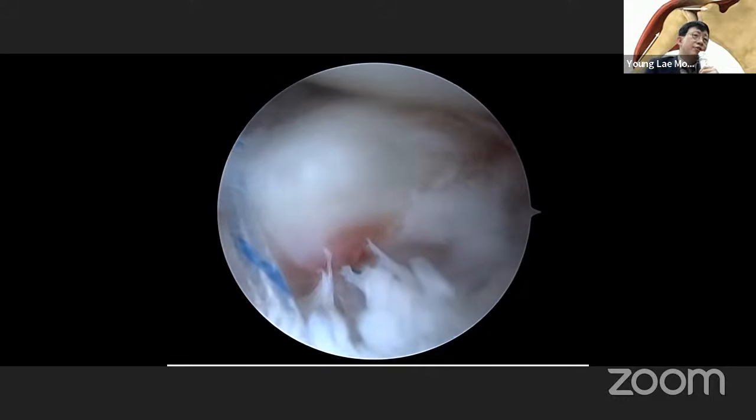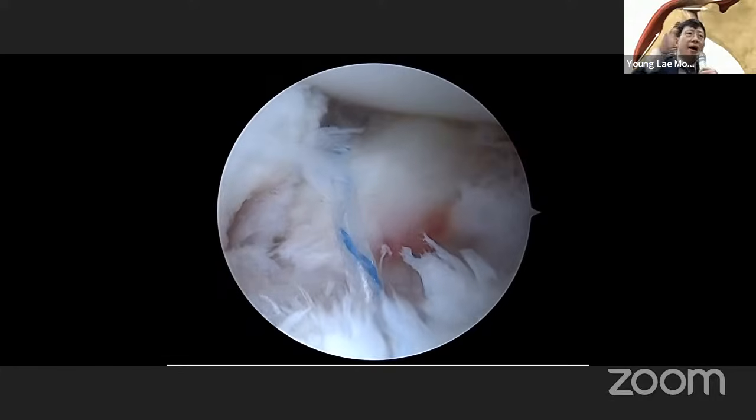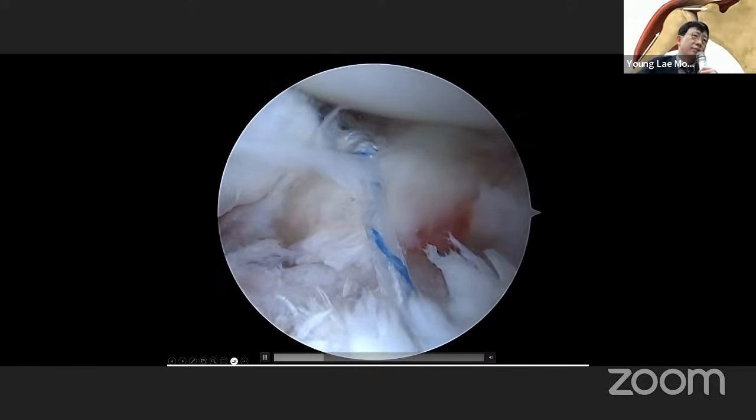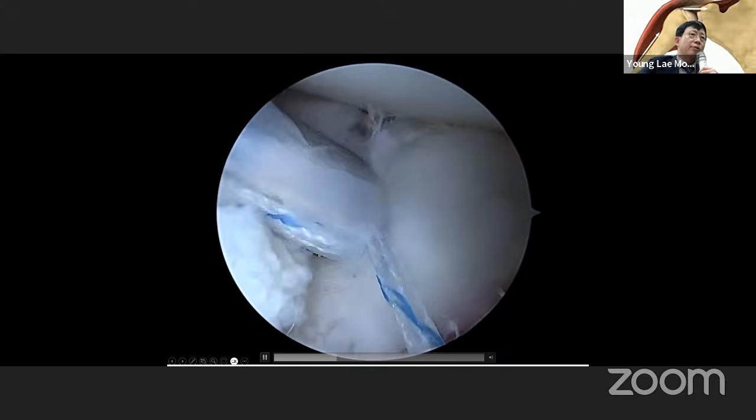The first stitch is most important for obtaining proper position. After that, additional stitches are quite supportive.